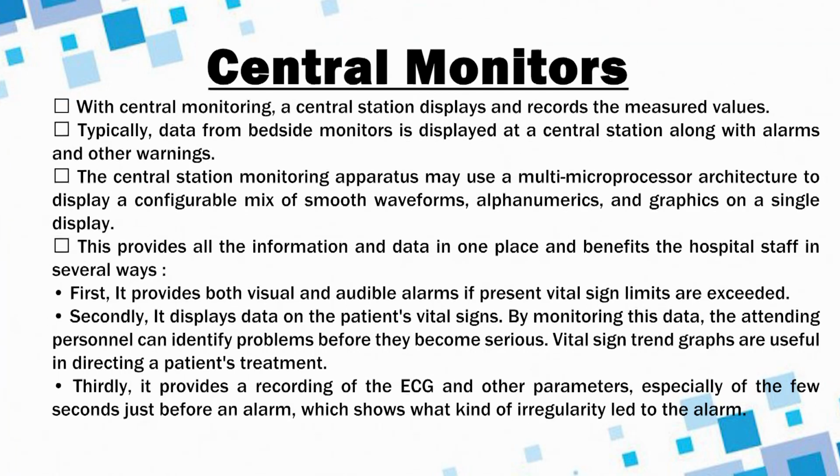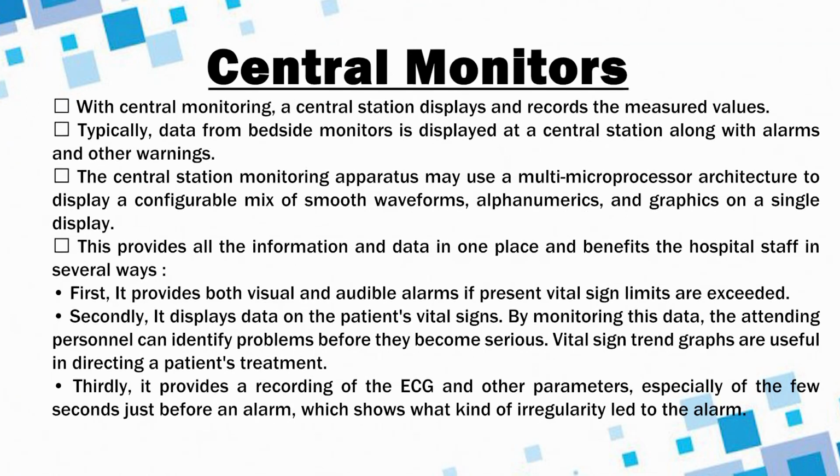First, it provides both visual and audible alarms if preset vital sign limits are exceeded. Secondly, it displays data on the patient's vital signs. By monitoring this data, the attending personnel can identify problems before they become serious.